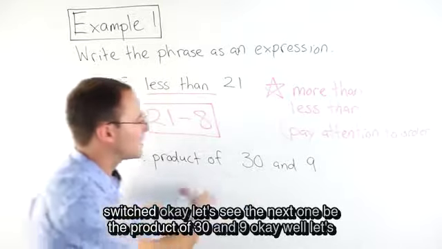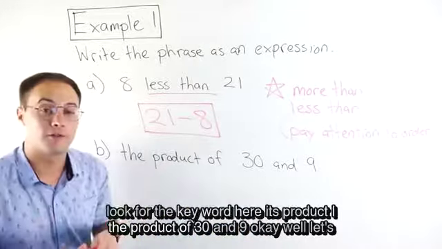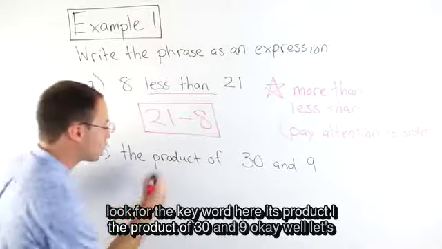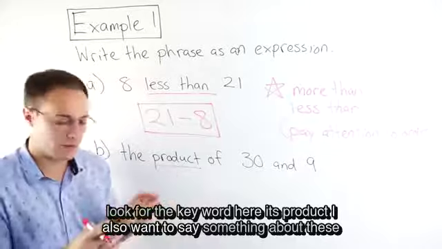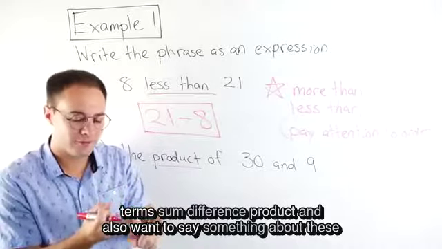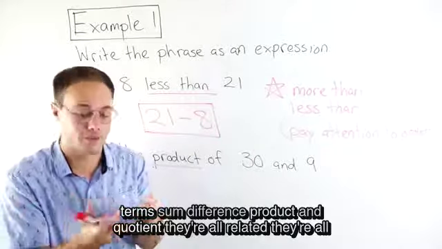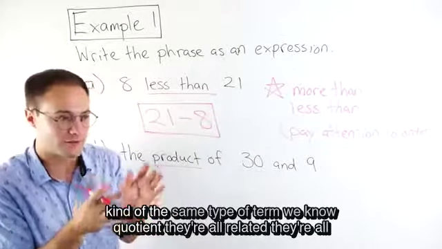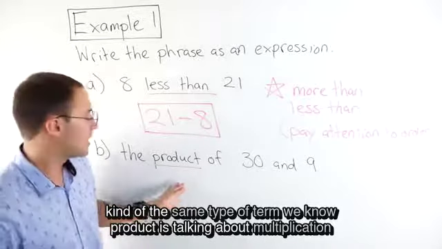B, the product of 30 and 9. Okay? Well, let's look for the key word. Here, it's product. I also want to say something about these terms: sum, difference, product, and quotient. They're all related. They're all kind of the same type of term. We know product is talking about multiplication.